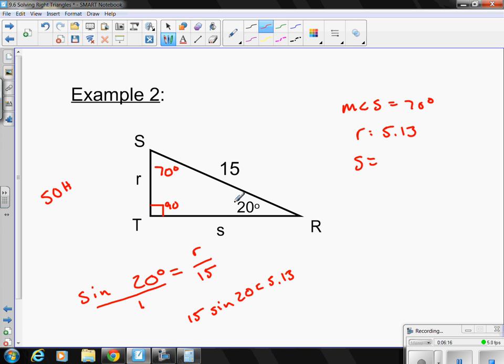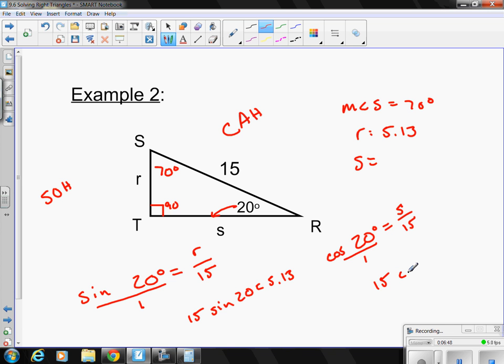To find S, I can use this 20-degree angle again, but this time this is my adjacent side and my hypotenuse. So adjacent and hypotenuse, that's cosine. So the cosine of 20 degrees is S over 15. Cross multiply. This is an S, so cross multiply and divide.